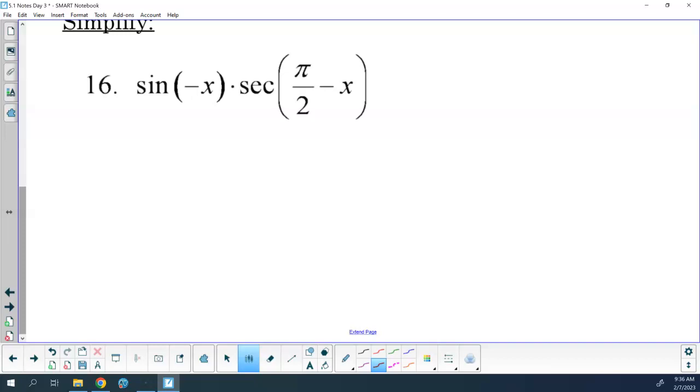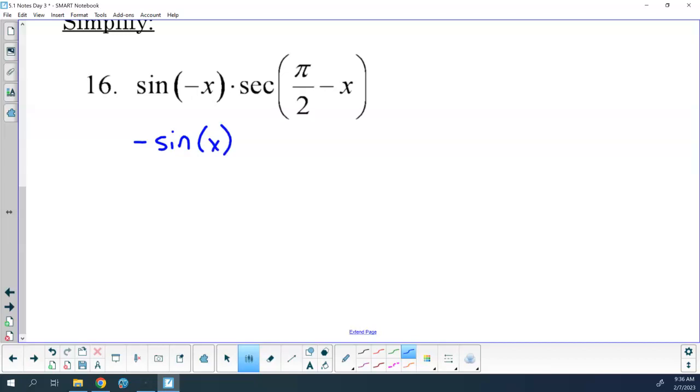Using which identity? Using identity number 2. So this one would become negative sine of x.